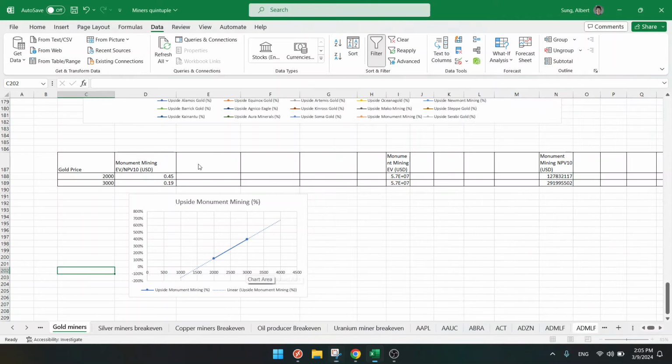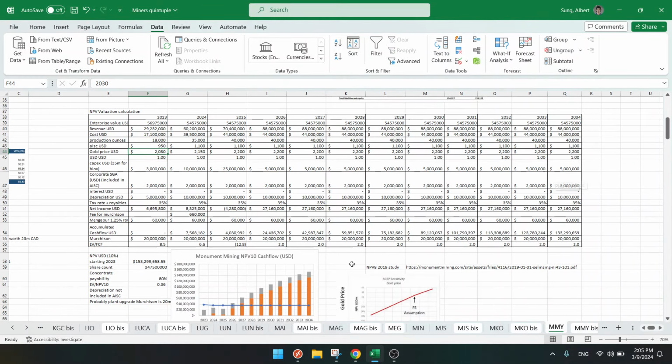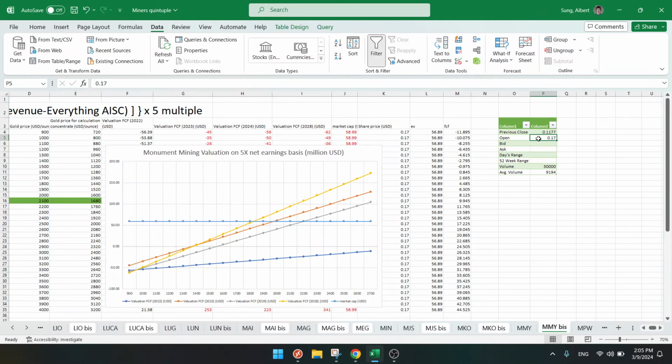It has been automated now for Monument Mining. Let's update it back. So this, I can just refresh. It will go from the web and it will be updated in a second.